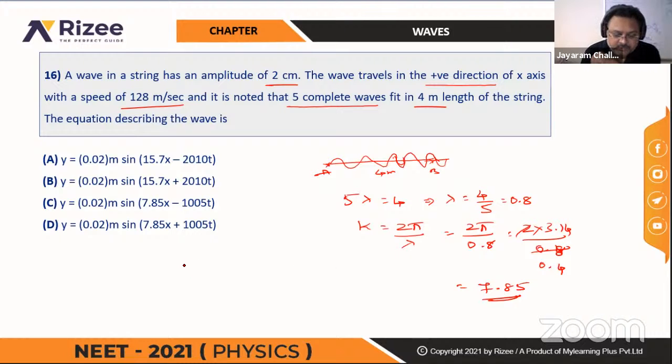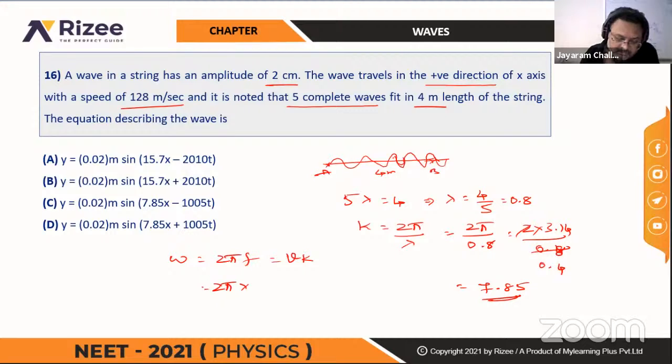Okay. Next one. We need to determine omega, which is equal to 2 pi f. Since we don't know the frequency, we can also write omega as velocity into k. So velocity into k like this, or else 2 pi into the frequency. The velocity, the lambda value and the k value we have got here.